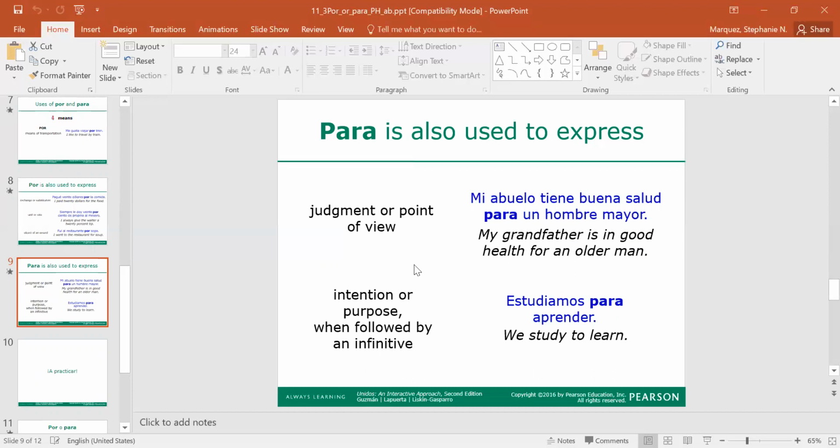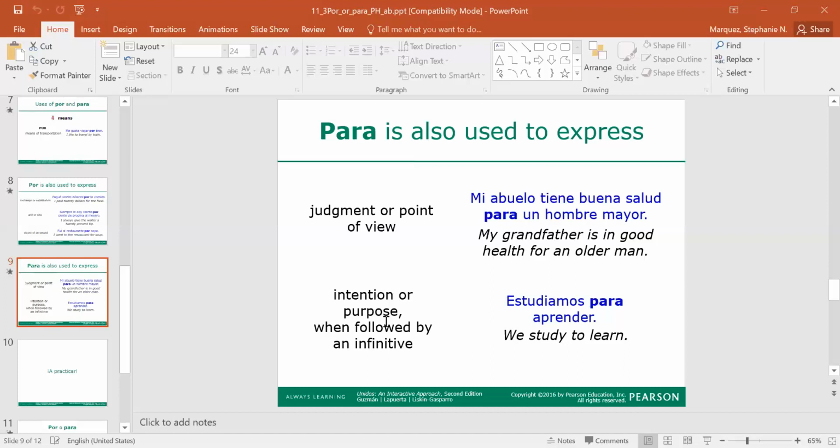So this one right here, estudiamos para aprender. We study to learn. Think about it like we study in order to learn. Estudiamos para aprender. The thing to note about this one is whenever you have para in front of a verb and its infinitive, it's going to take on the meaning as in order to. We study to learn, or we could translate in English as we study in order to learn.